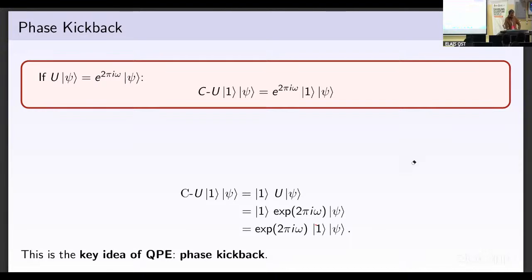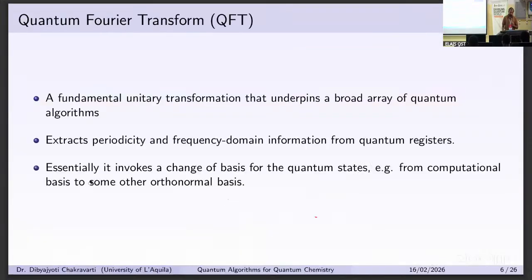So the next concept that is needed before we finally proceed to the quantum phase estimation algorithm, the circuit, is quantum Fourier transformation. What is quantum Fourier transformation? Have you heard of Fourier transformation in the classical sense? It's just a basis transformation between two orthogonal bases.